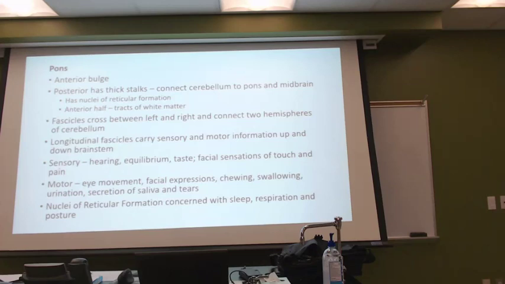It's going to tell you about these thick stalks and all these little pieces to it. We don't have time to learn that much. You're going into the area of neurology. You'll learn it. So for our purposes, I want you to know what that area does.